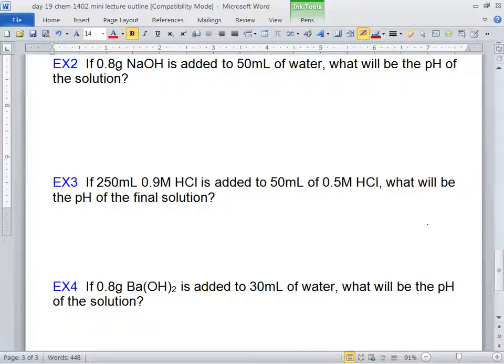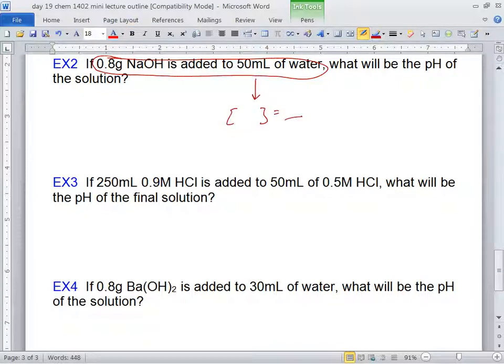Good. Turn that 0.8 grams of NaOH in 50 mils into molarity. That's a great idea. Now, if you follow Andrea's advice, it's molarity of what, Mia?